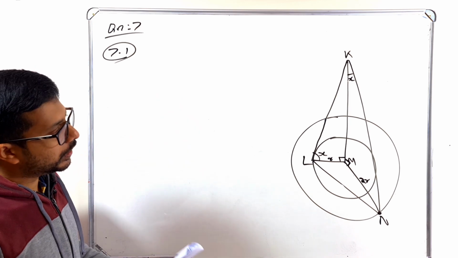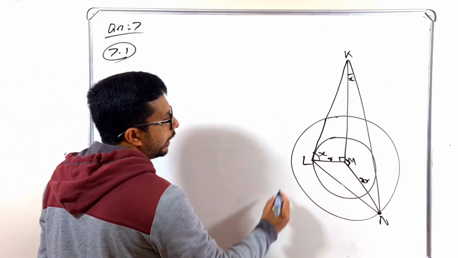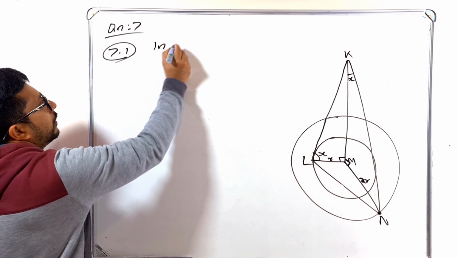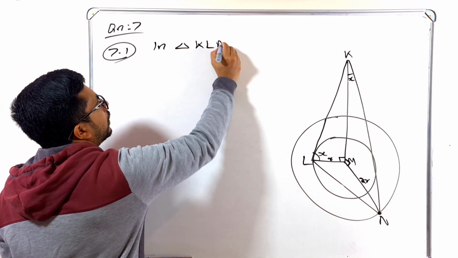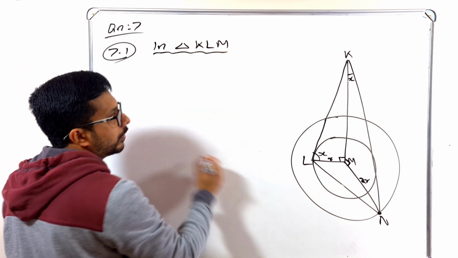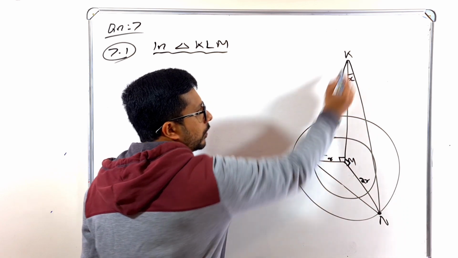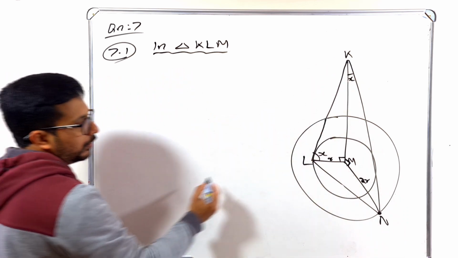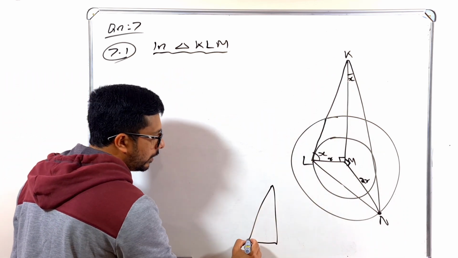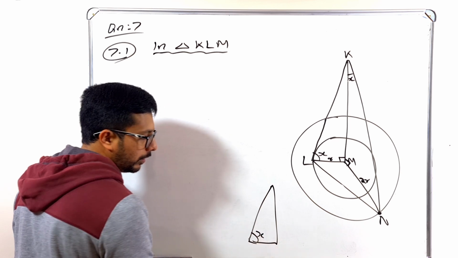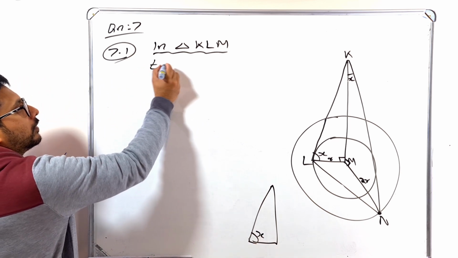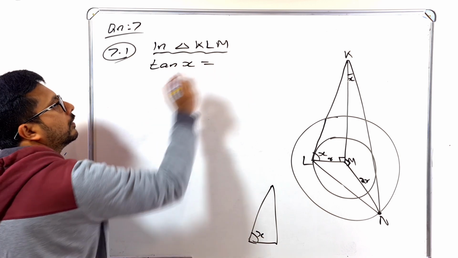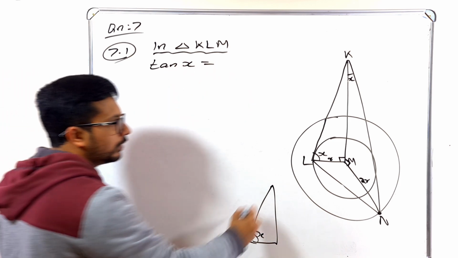So look at this triangle KLM. Is it not a right angle triangle, KLM? In triangle KLM, this is x. So if I take tan x, what is the answer?